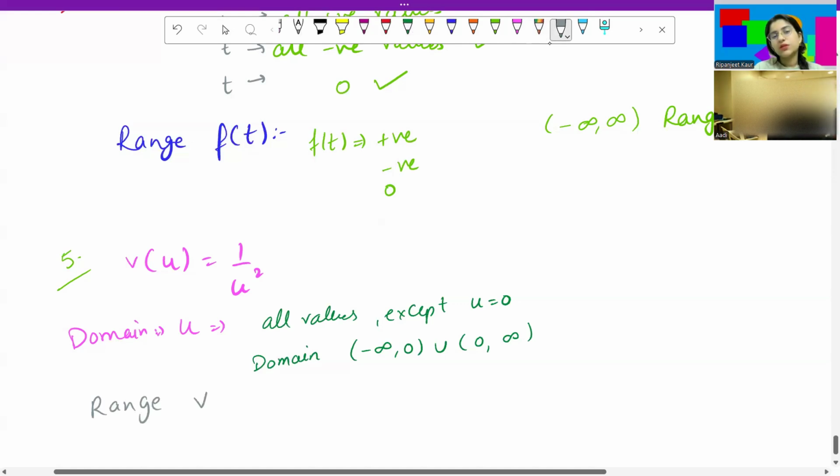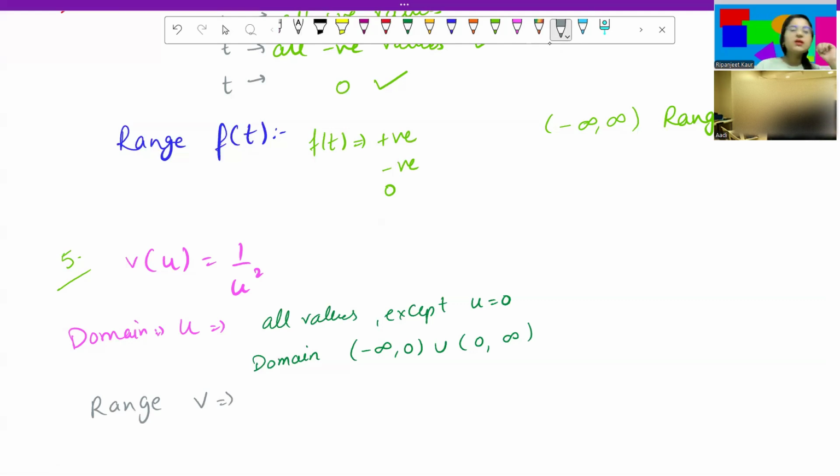If we talk about the range, we want to check V. V has to be more than 0. Can it be less than 0 or equal to 0?